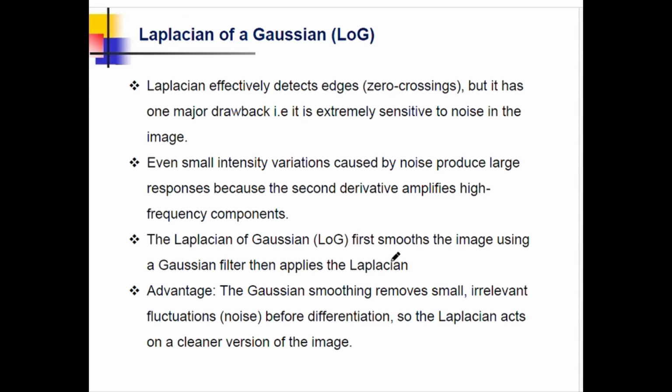So to overcome this drawback, we go for the concept of Laplacian of Gaussian, LOG. It first smooths the image using the Gaussian filter, then applies the Laplacian. The advantage is that the Gaussian smoothing removes small irrelevant fluctuations or noise before the differentiation. So the Laplacian acts on a cleaner version of the image, and obviously you are going to get effective edges.